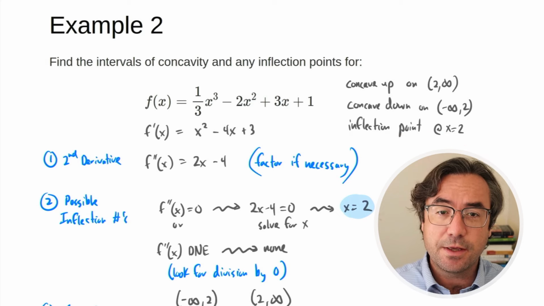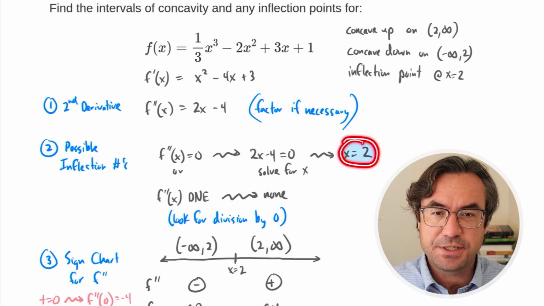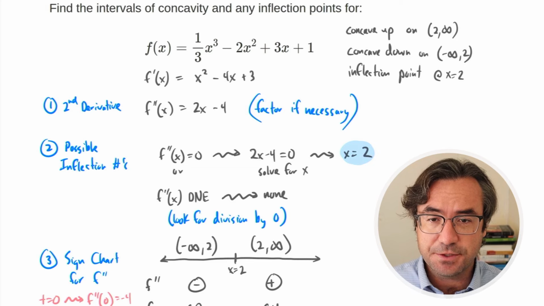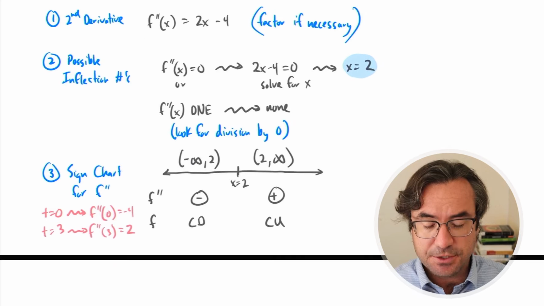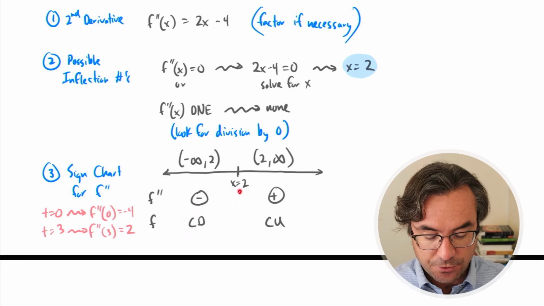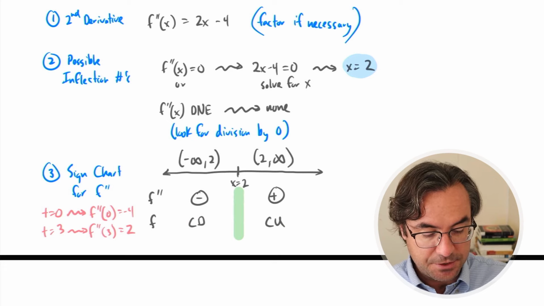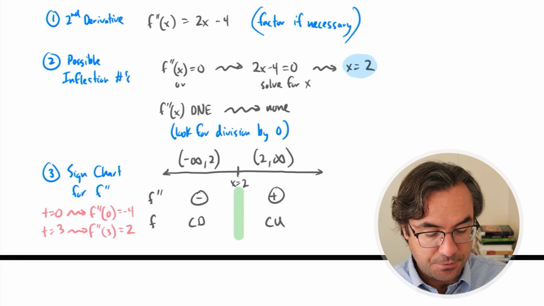But what we're really looking there for is it's one of these values that we found from before, one of these x values. And then we just want to look on our sign chart to see if we actually do change concavity. So what we do see here, right in the middle, is we do see a change in concavity.